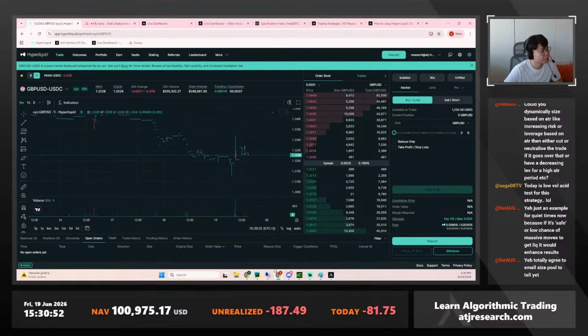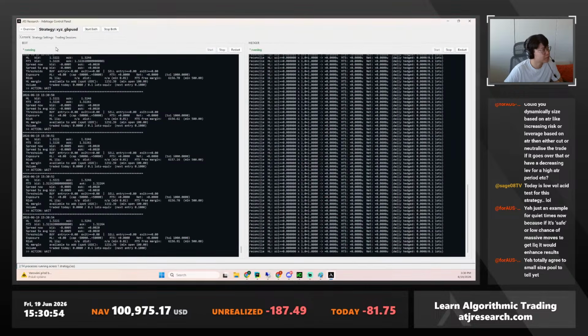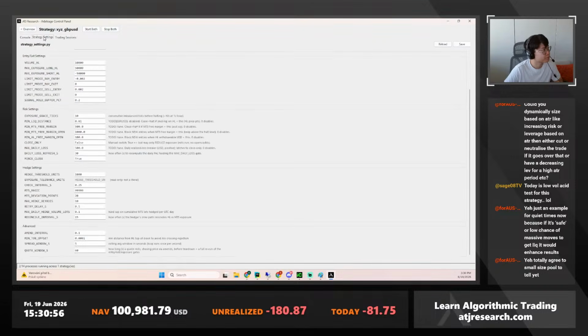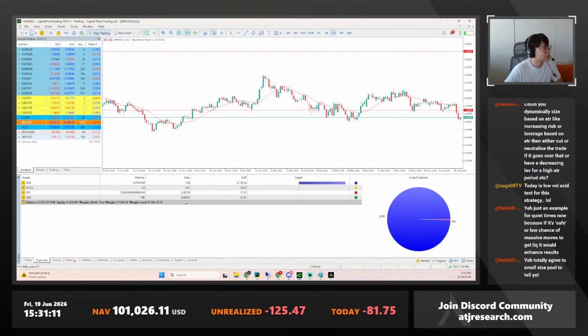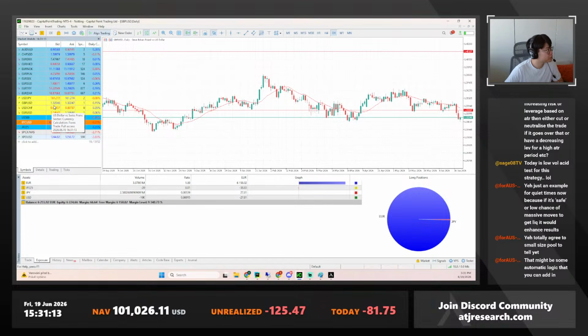So let me change the strategy settings for GBPUSD. Instead of 2, let me just put 1. How much is it exactly? That's $10. So GBPUSD 1, 2.